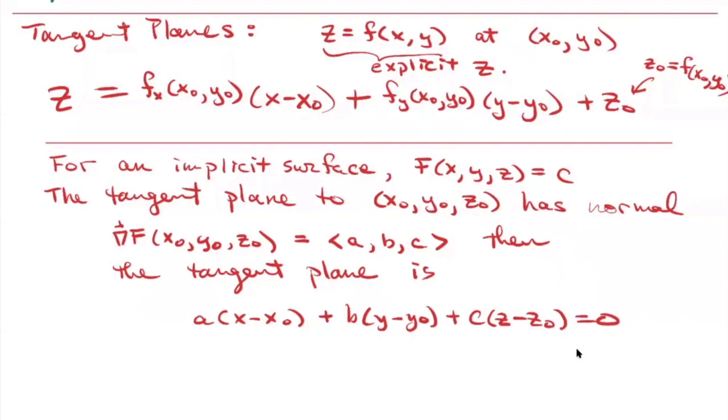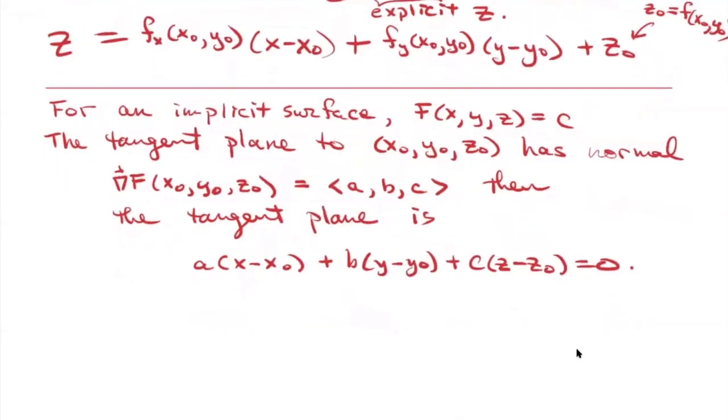That's how planes were first introduced. You just needed a normal vector. Well, the gradient to a level surface is normal to the surface. So use that as a normal and then just do a normal equation for a tangent plane.